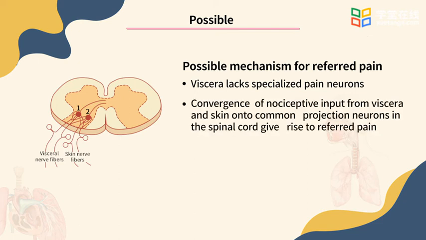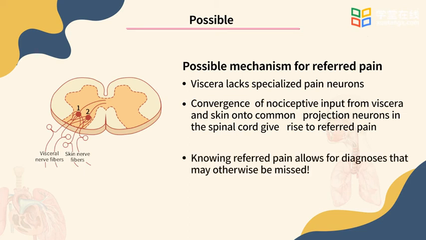Signals coming from different directions cross-talk with each other. So when pain signals from the gallbladder go up to the brain, the brain interprets it as coming from the shoulder. Recognizing referred pain patterns allows us to make diagnoses that may otherwise be missed.